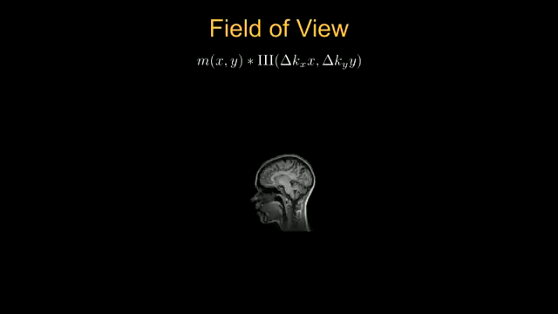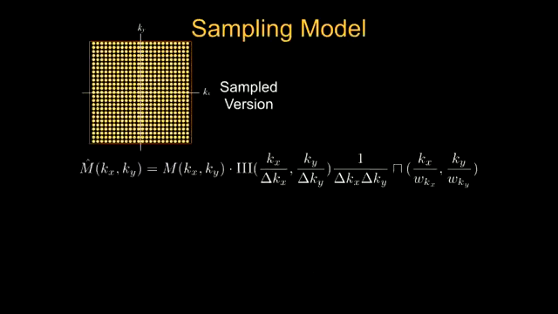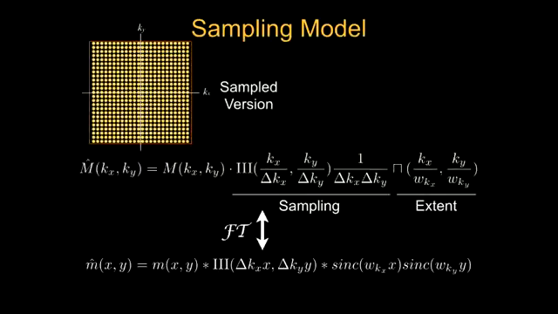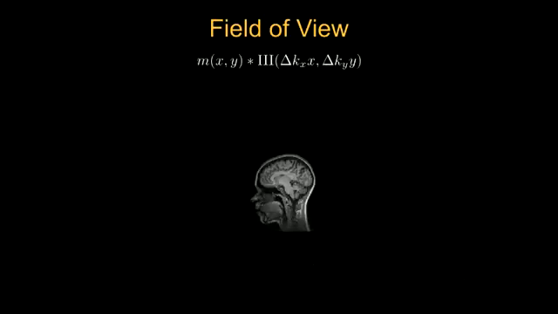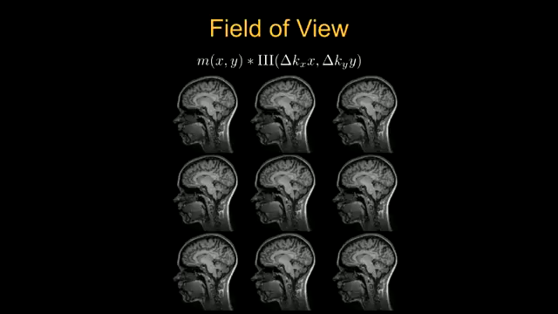Okay, so let's look at the field of view. As I said before, this is basically Mxy convolved with a comb function, right? And the distance of the comb function will be governed by what? Delta kx. What it means is you have a brain image over here. When you apply the convolution with the comb function, it's going to be replicated, like an infinite number, but I'm showing just one replication.